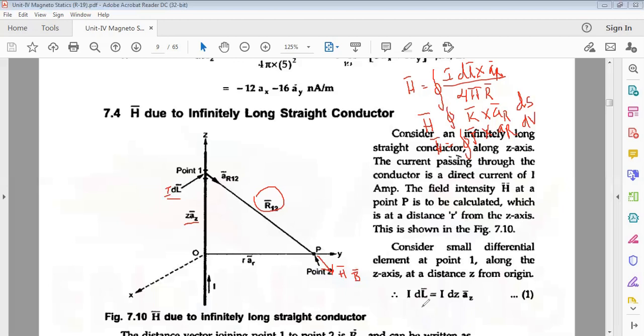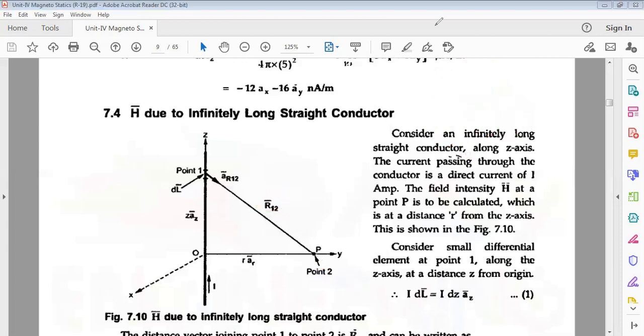I dl bar is equal to I dz az bar, because it is on the z-axis. The differential length dl bar is dz into az bar. Got it, my students?